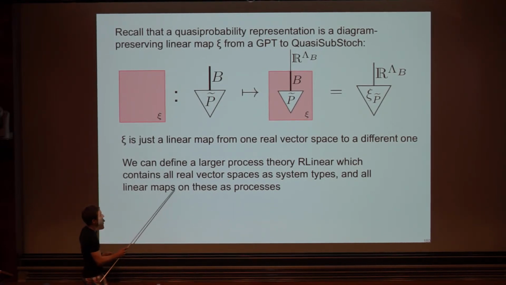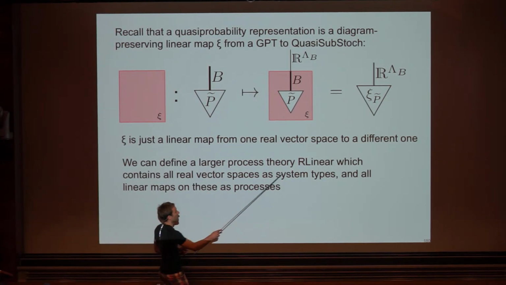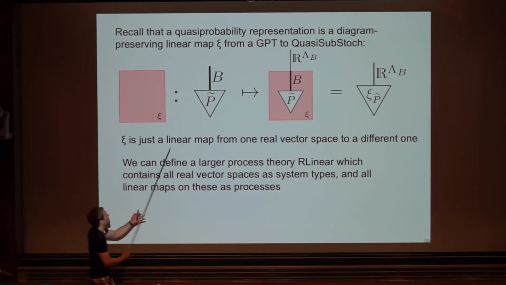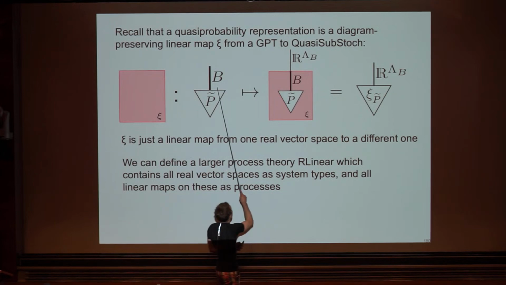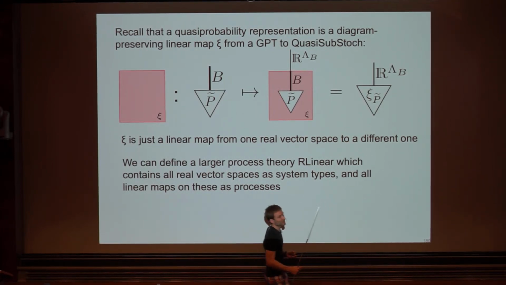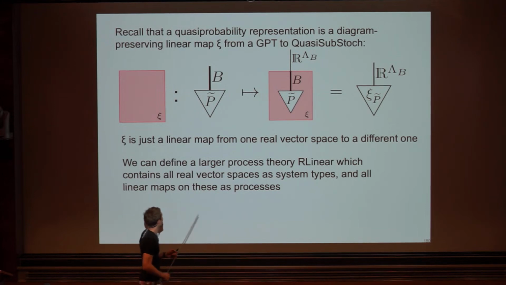So let's define that larger process theory. I'll call it R linear, for real linear vector spaces and linear maps. This is the process theory where the systems are real vector spaces, which subsumes as a special case B, the real vector space in which the GPTs live, and it subsumes this real vector space of functions on the ontic state space.